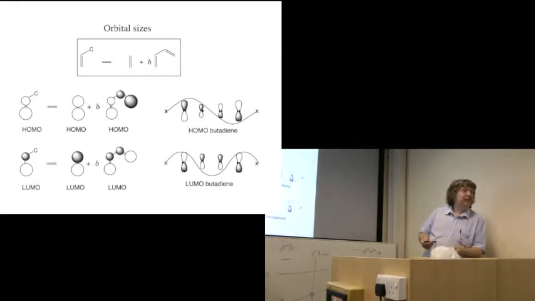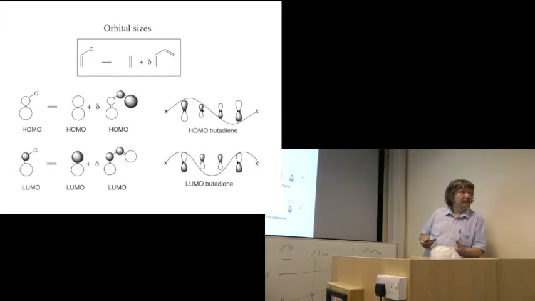Now, for the first time, we do have to care. Now, fortunately, the method that I showed you right at the beginning for working out the phases of orbitals actually turns out to be pretty accurate for working out the sizes of orbitals as well. Effectively, because you're just looking at particle in a box.